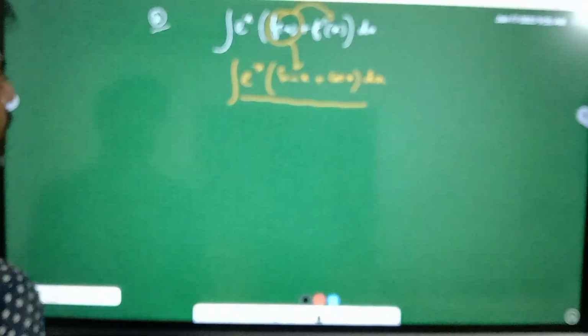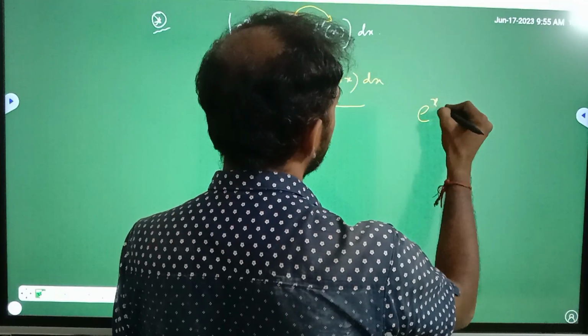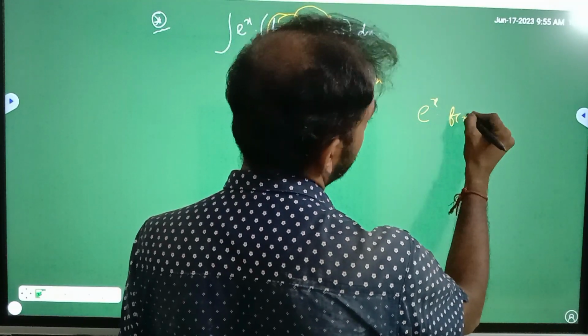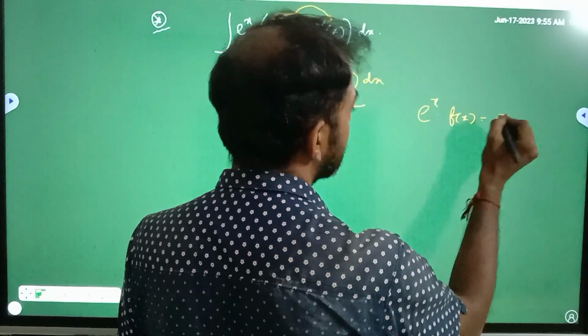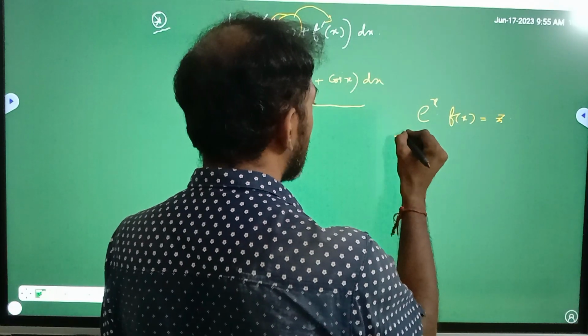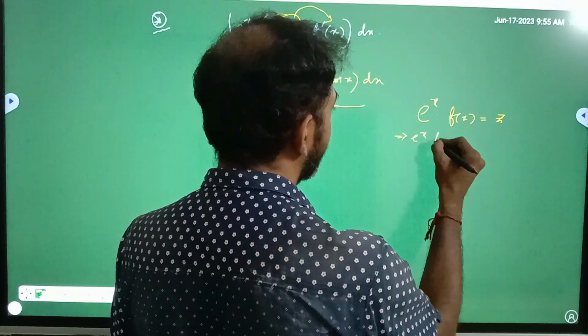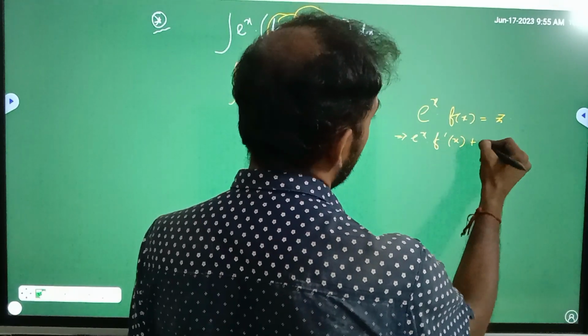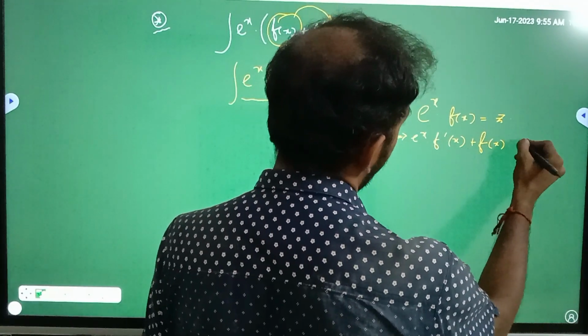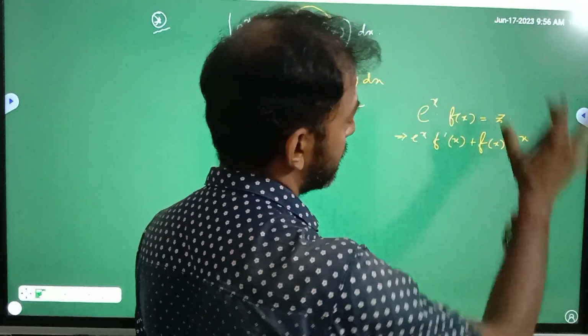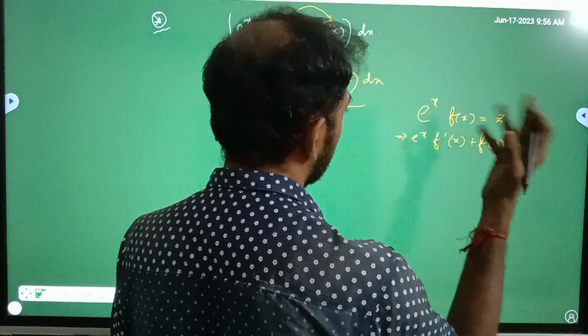And what will be the procedure here? The procedure is very easy. You just need to consider e power x into f x as z, and the total derivative will be e power x into f dash x plus f x fixed, e power x. Derivative of e power x is e power x as we told earlier.